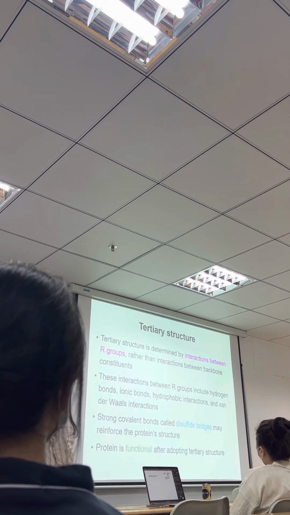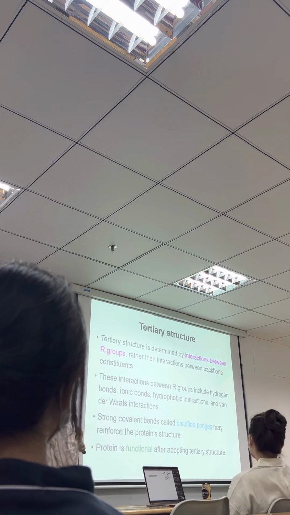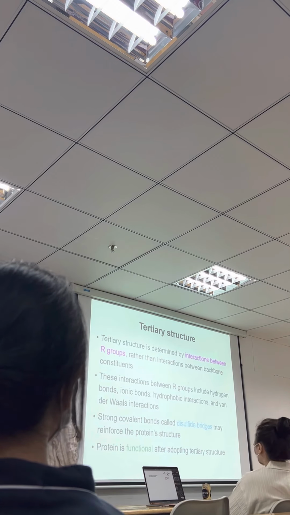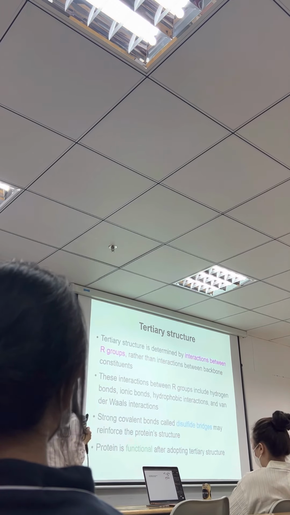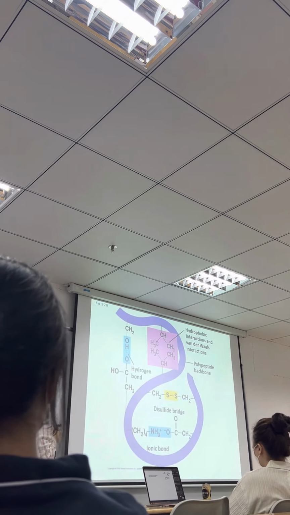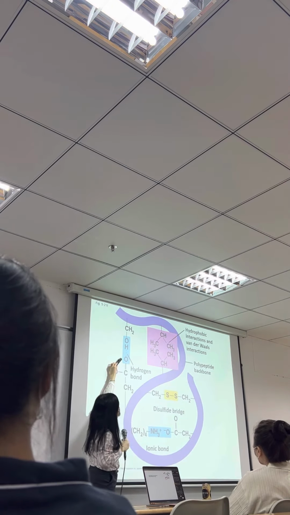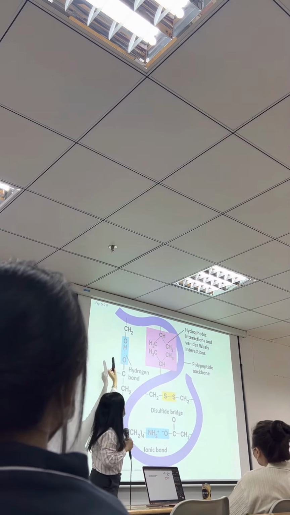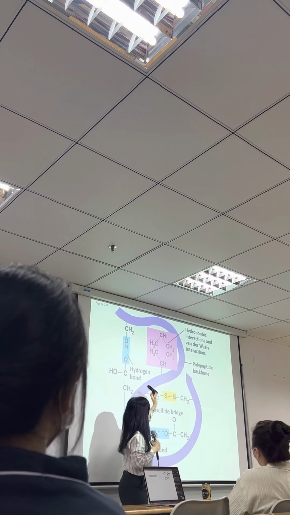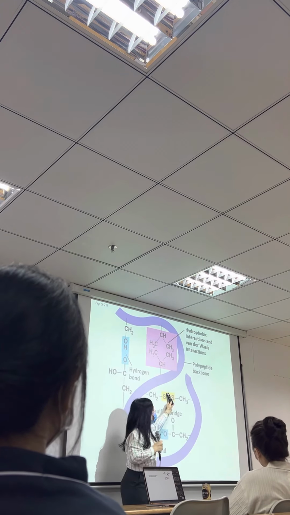For example, hydrogen bond, ionic bond, hydrophobic interaction, or even covalent bond, van der Waals interaction. For example, the two side chains can form hydrogen bond, hydrophobic interaction, covalent bond.